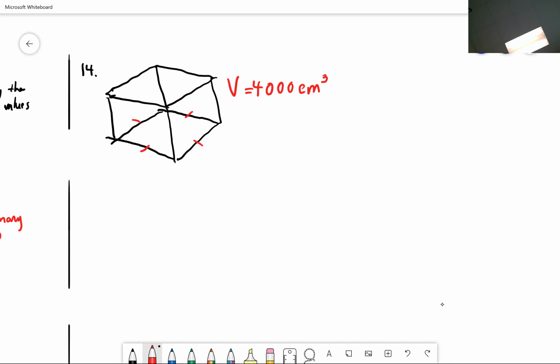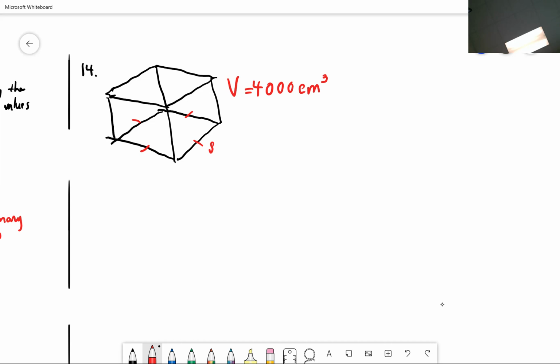So let's call this side S. It wants you not to figure out the maximum. It wants you to figure out when you use the least amount of material. An important thing is we don't have a lid here, so we don't have to worry about the lid.